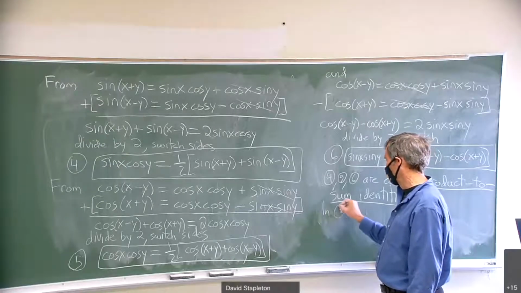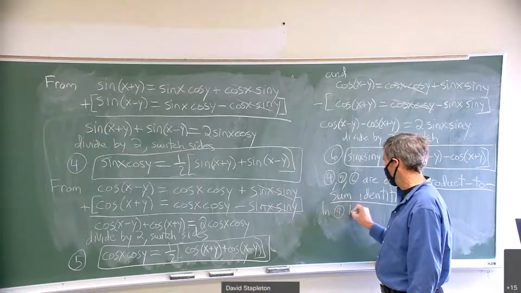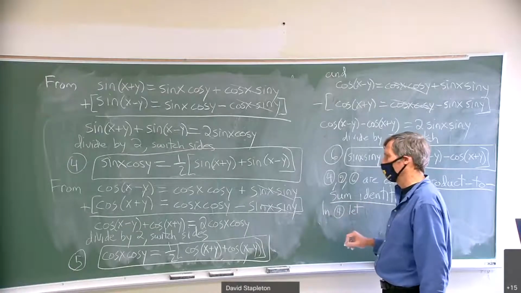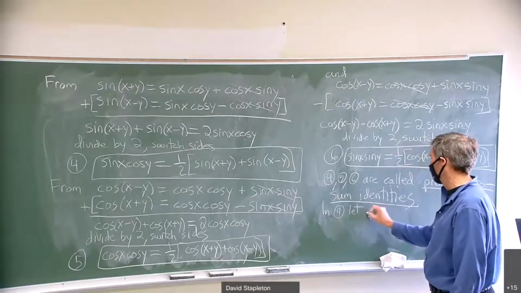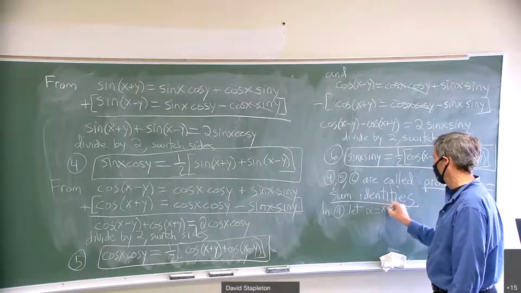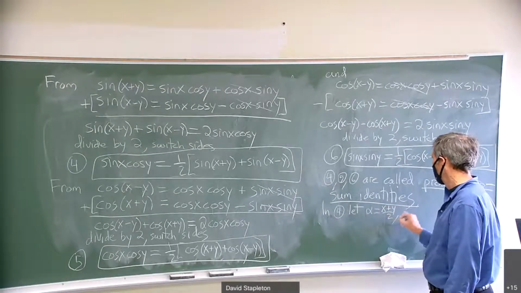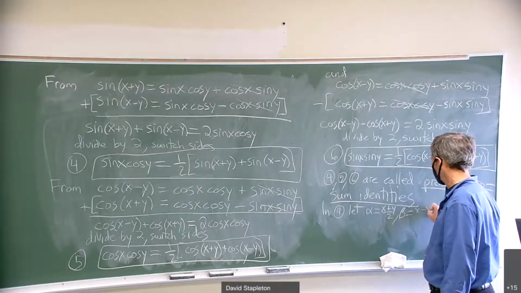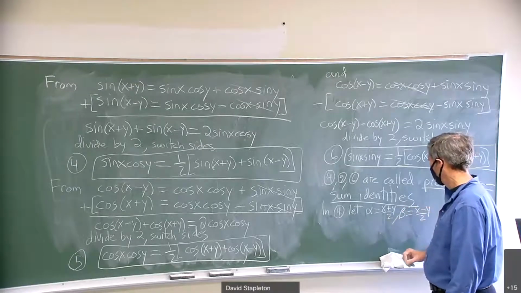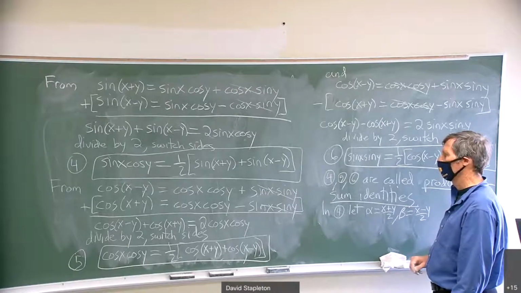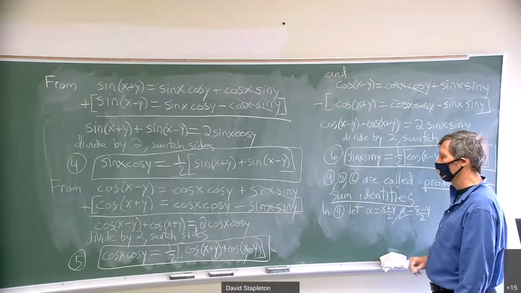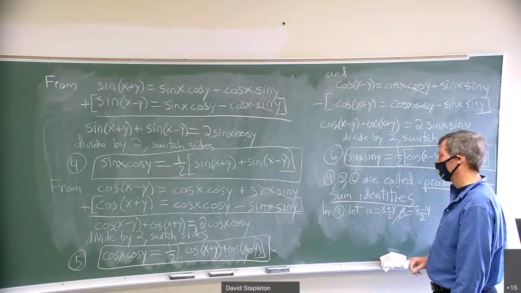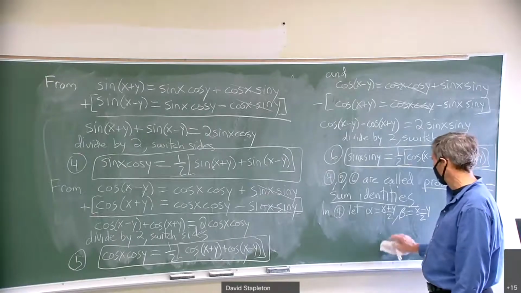In equation 4, let there be a substitution. Let alpha be x plus y over 2, and let beta be x minus y over 2. Why would we do that? Actually, I'm sorry, I want to do this a little differently.